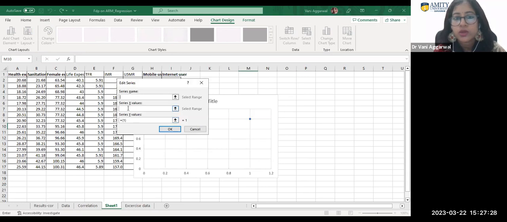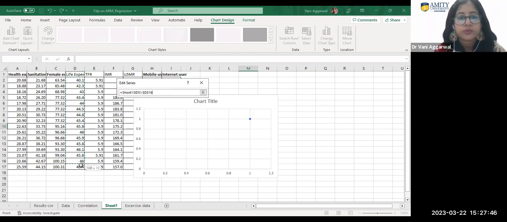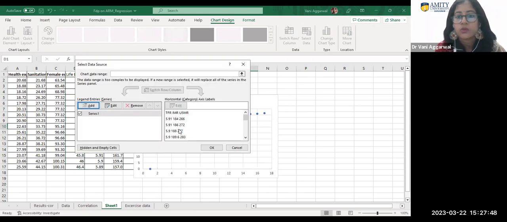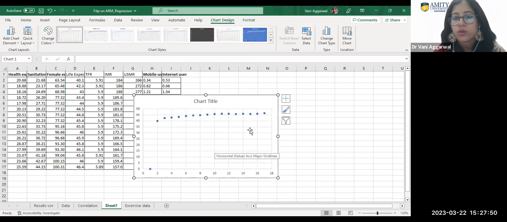You can add the X value and Y value. For X values, maybe I want these, and for Y values, maybe I want this. Then click OK.